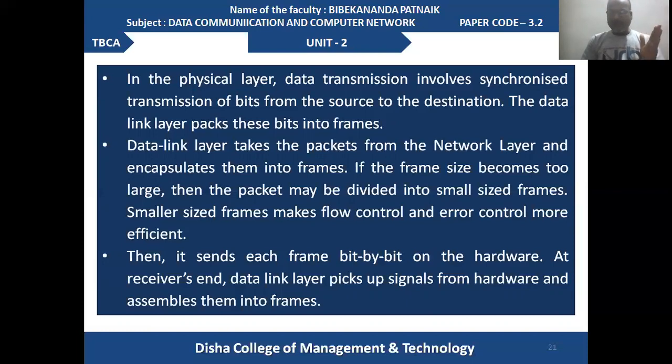Bits are transmitted from the source to the destination, which are called the endpoints. The data link layer packs these bits into frames. Every frame must contain at least 8 bits of binary, any combination of zeros or ones.